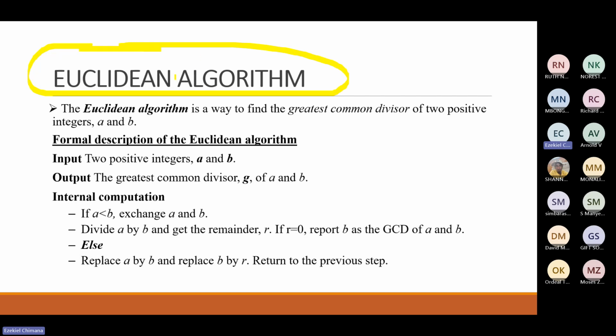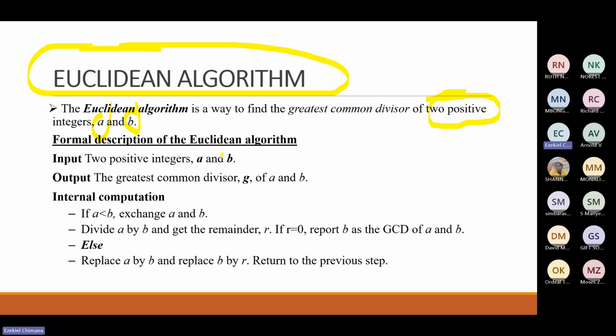The Euclidean algorithm is a way to find the greatest common divisor of two positive integers. So we use it to find the greatest common divisor of what? Two positive integers called A and B. The formal description of the Euclidean algorithm is such that there is going to be the input. And what is this input?